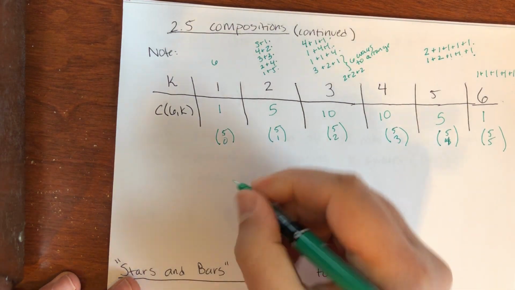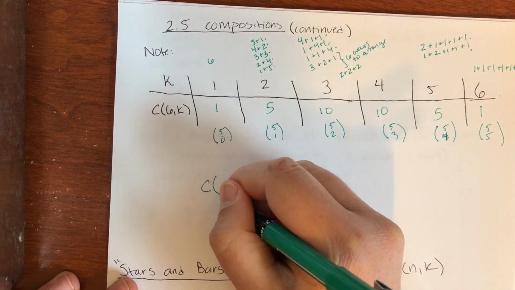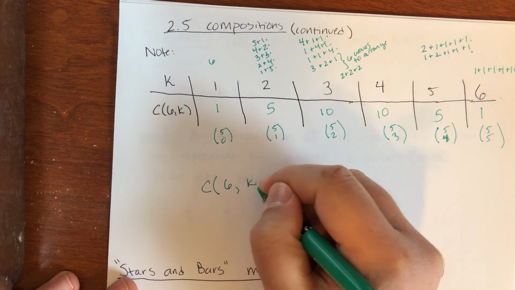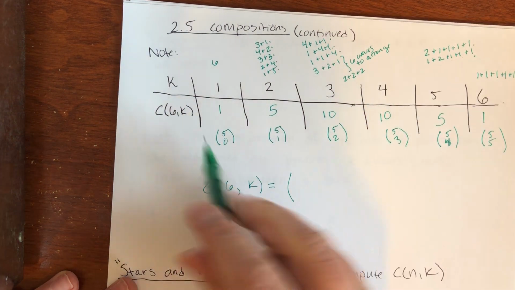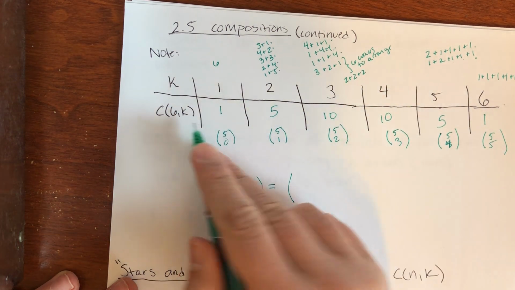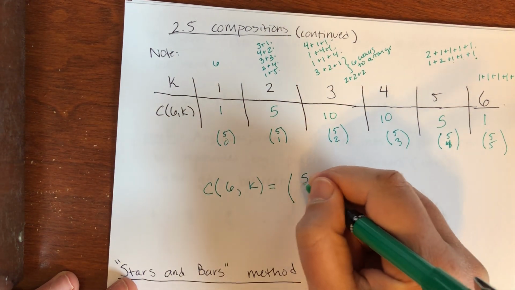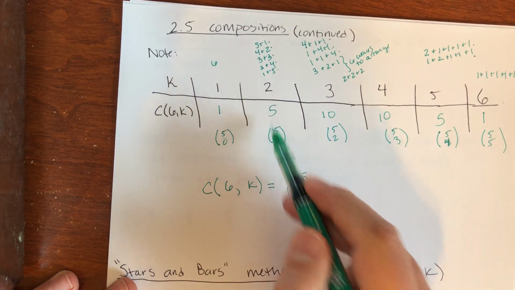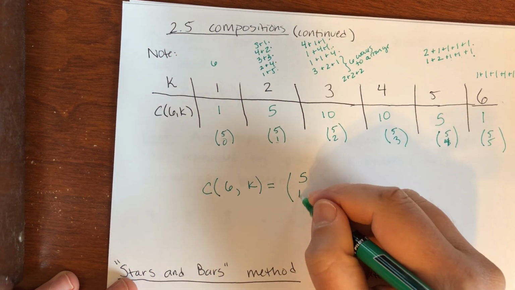Which suggests to us that possibly the number of compositions of 6 into k pieces is going to be given by 5 choose whatever your k is minus 1, right? 2 minus 1 is 1, 3 minus 1 is 2.